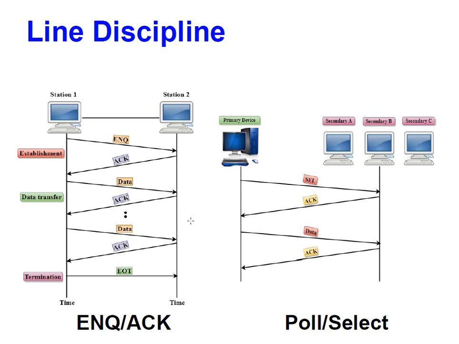Here you try to see the flow diagram. In this flow diagram, first station 1 sends an inquiry, that is a request, and station 2 acknowledges, that is clear to send. That is the establishment phase.